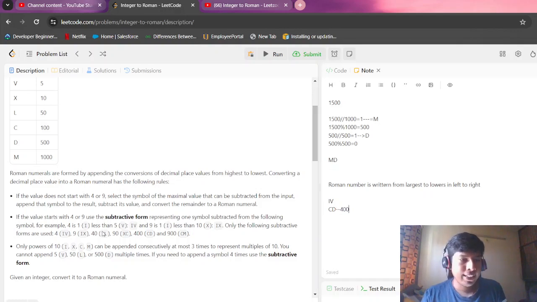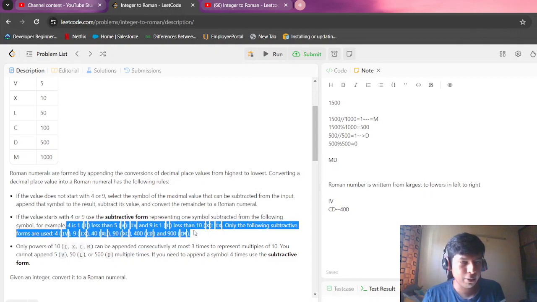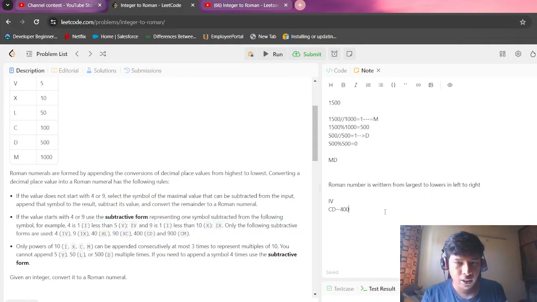Now, LeetCode has helped us by giving all the exception cases. If you see the second point in the question, these are all the exception cases provided by LeetCode, which I will quickly write. 4 is written like this, where the smaller comes first. Then 9 is another where the smaller I comes first and it's subtracted from 10, which means 9.